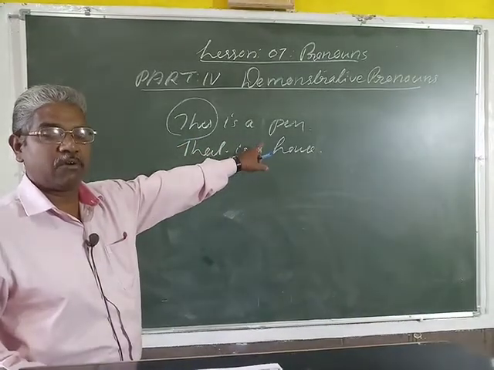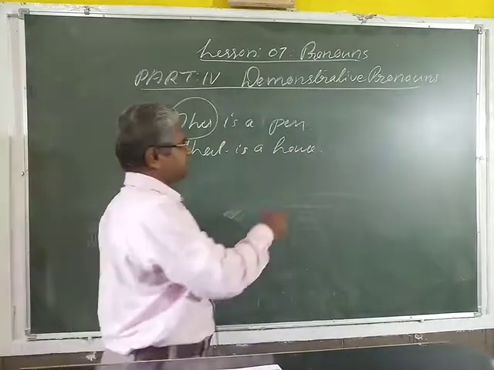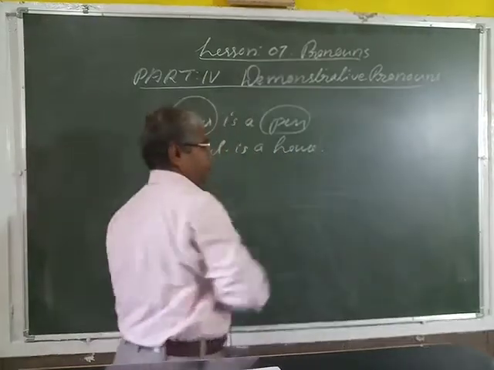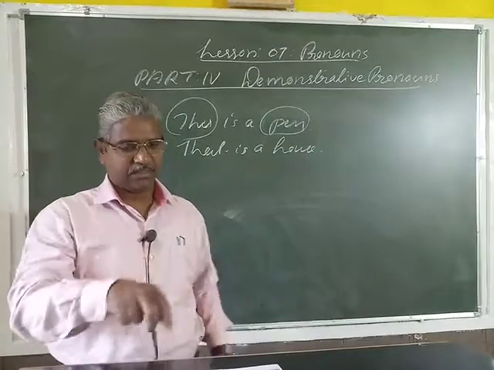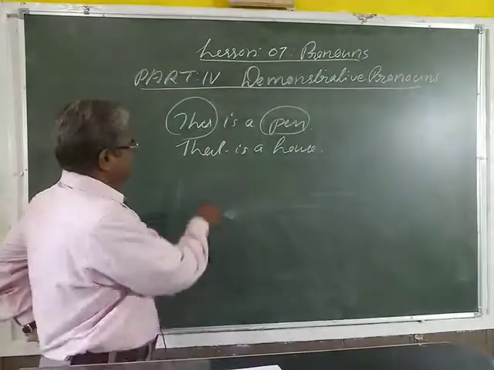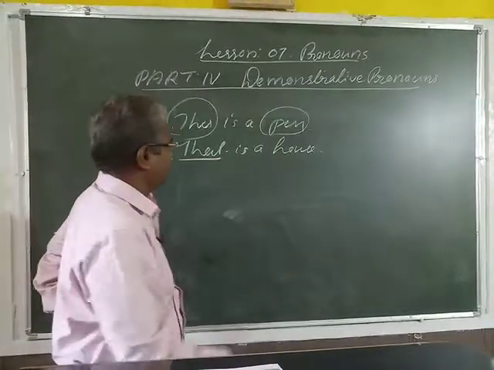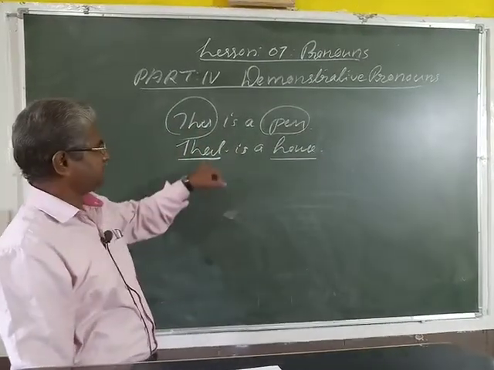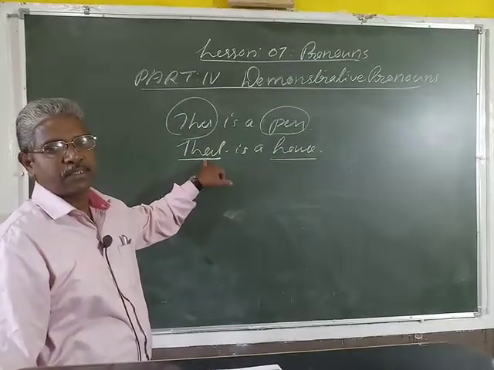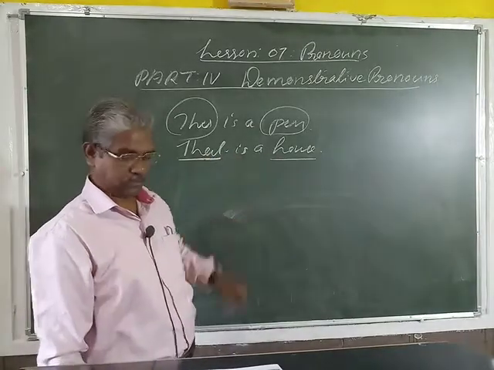And what is the object in the sentence? Pen is the object in this sentence. Look at the next: that and house. Here the demonstrative pronoun is that and the object is house.